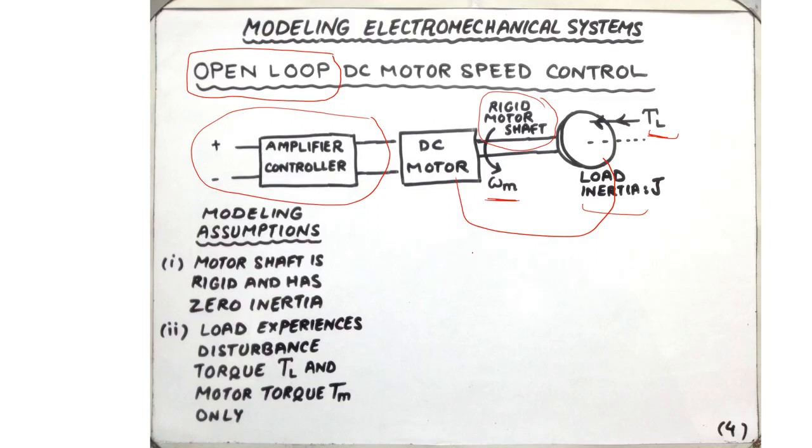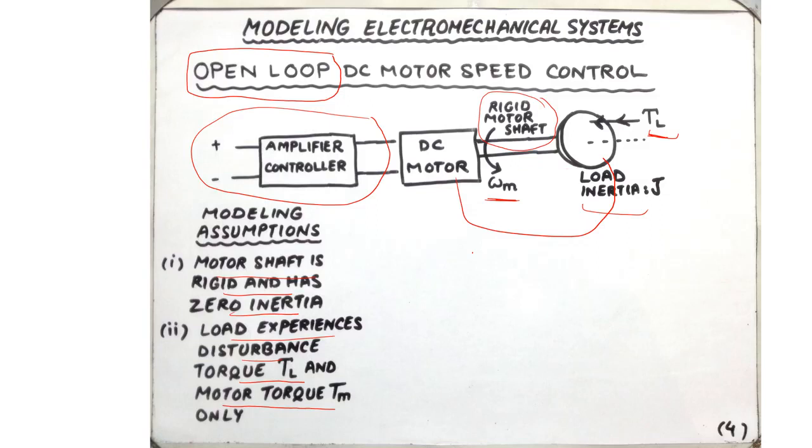So in our modeling assumption, we say that the motor shaft is rigid and it has zero inertia. The other assumption is that the load experiences some disturbance torque TL, and the load also experiences the motor torque Tm. So motor torque is a torque that is responsible for rotating.